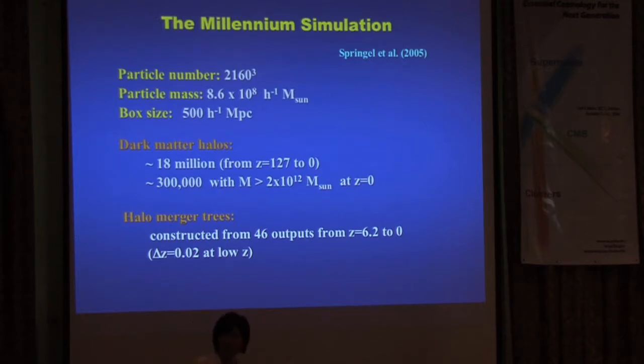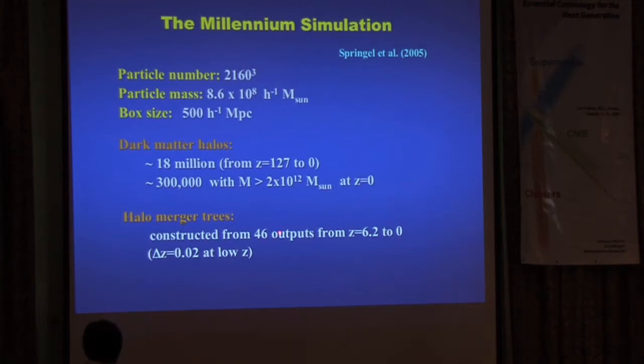This is a very rich statistic that we can use, because we want to be able to resolve not just the halos today, but their smaller components earlier on. Given these halo catalogs, we need to construct these ancestral trees.